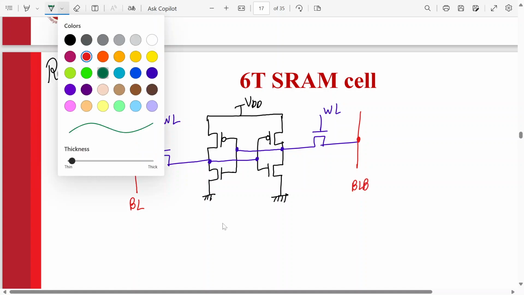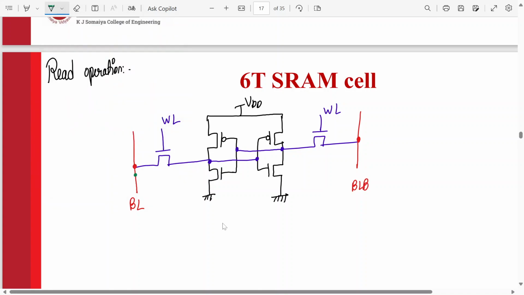And remember, we have a capacitance present, CBL and CBLB. Okay.